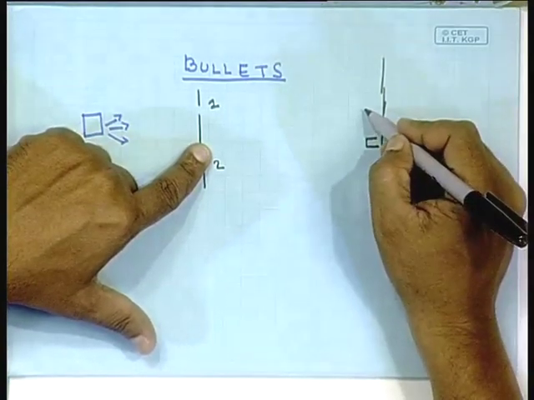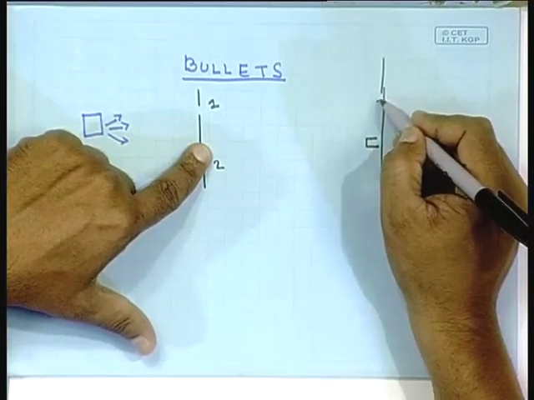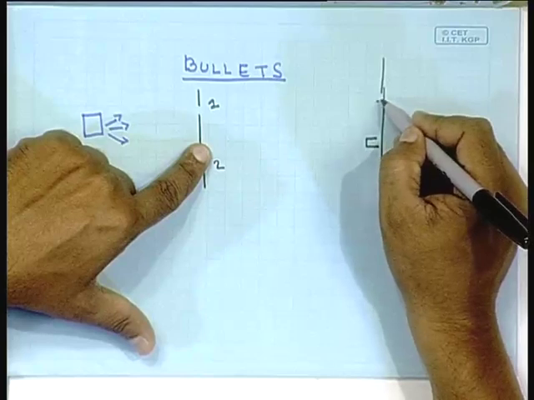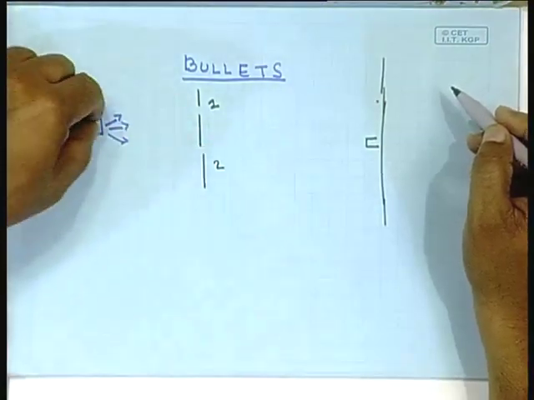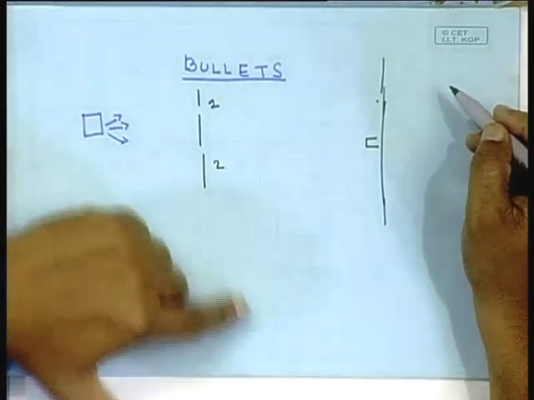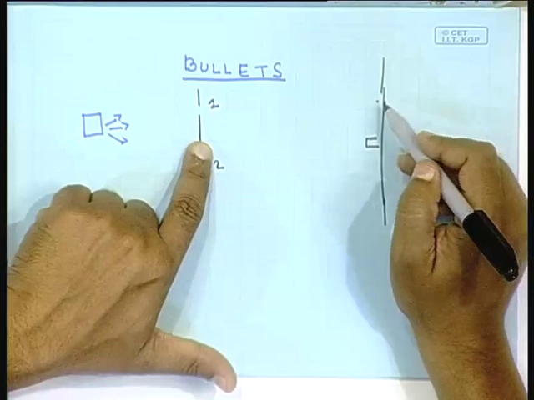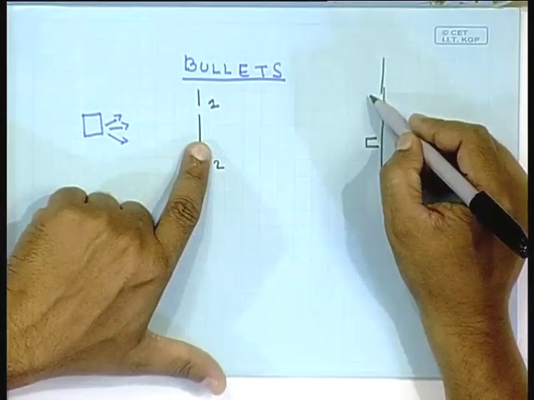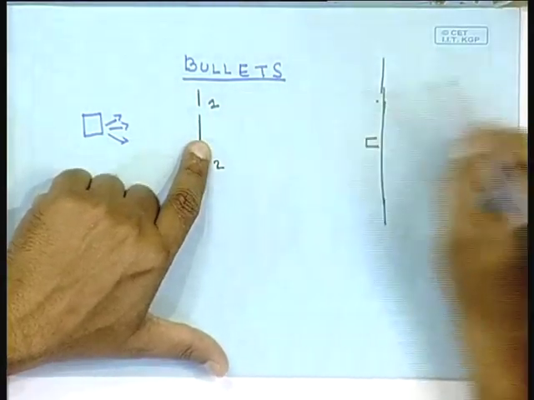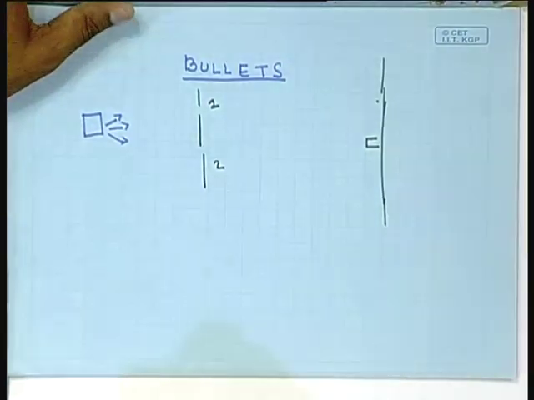So, if you place the detector, let us say here, and over a time period, you count the number of bullets that arrive here, and you count the total number of bullets that were emitted, then you can take the ratio of these two and calculate the probability that a bullet will arrive here through slit 1, and this we are going to call P1.